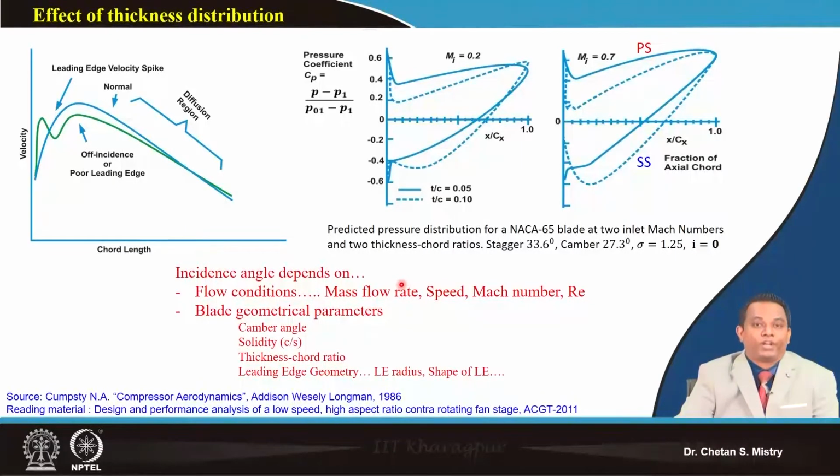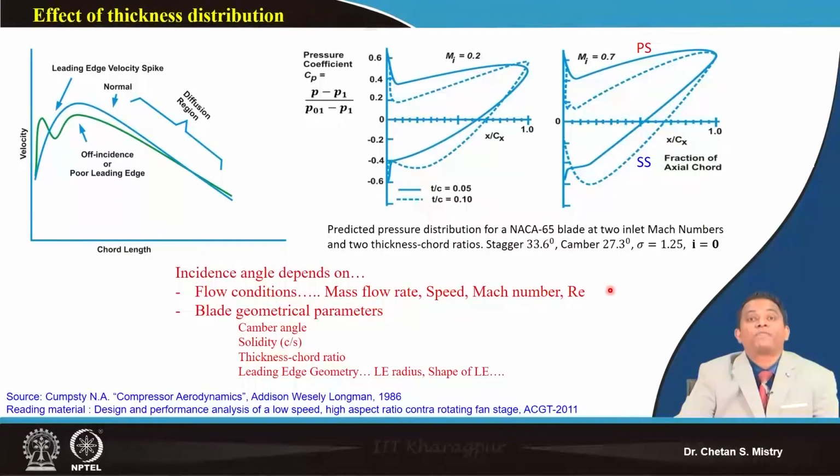What is my mass flow rate, what is my axial velocity, my absolute velocity, my relative velocity. It depends on the rotational speed of the wheel. It also depends on Mach number and Reynolds number. Now this Reynolds number is very important. Here we are calculating our Reynolds number based on the chord.